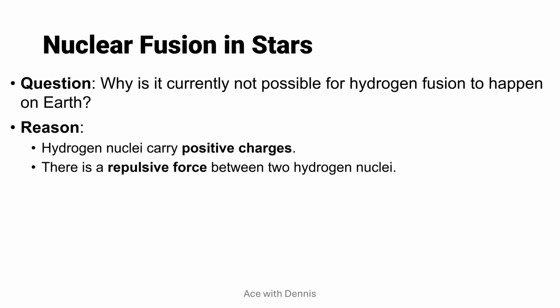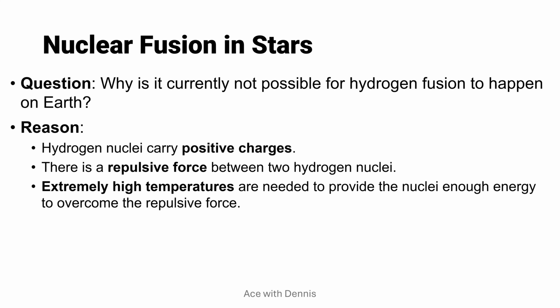There is a repulsive force between two hydrogen nuclei. Extremely high temperatures are needed to provide the nuclei enough energy to overcome the repulsive force. And at the moment, we can't achieve these extremely high temperatures. Hence, it is currently not possible for hydrogen fusion to happen on Earth.